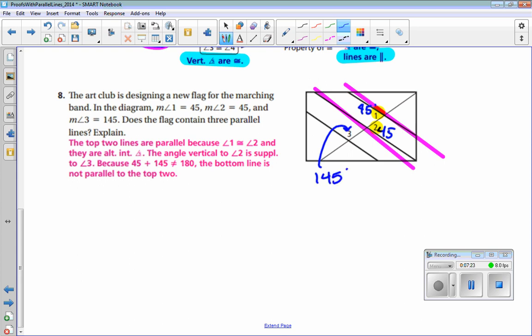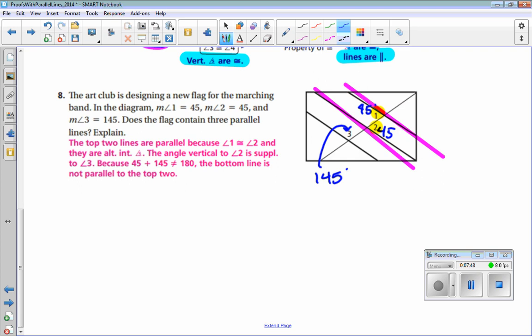Okay. I really like Julia's response. Would you read your answer for us? I thought that was really thorough. The first two lines are alternate interiors, so they are parallel. The angle vertical to 2 is equal to angle 2, so only 145, not 180, so they're not parallel to the other two lines. Okay. So what she basically said is we have alternate interior angles. So yes, these two lines are parallel.